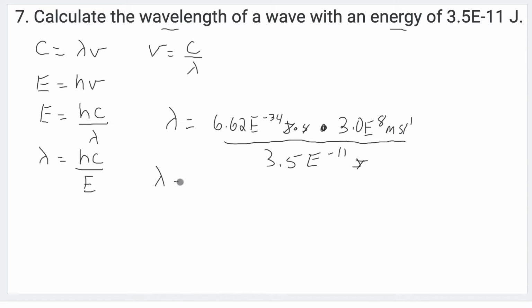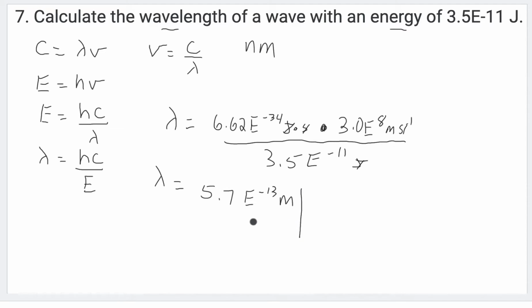And so when we do this problem, our wavelength for problem number 7 ends up being, let's see, 5.7 e to the negative 13, I think, if I can read my own writing, meters. But a lot of times when they want wavelength, they want nanometers.